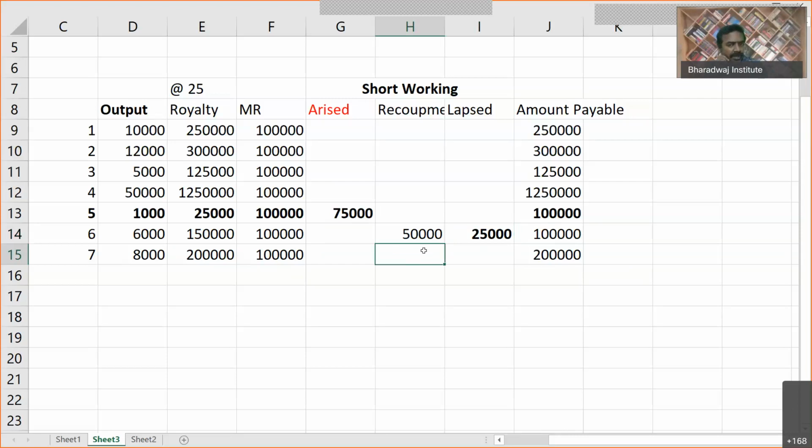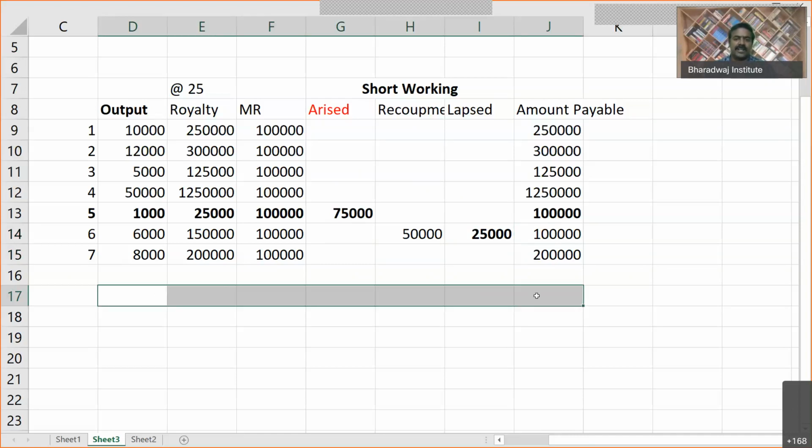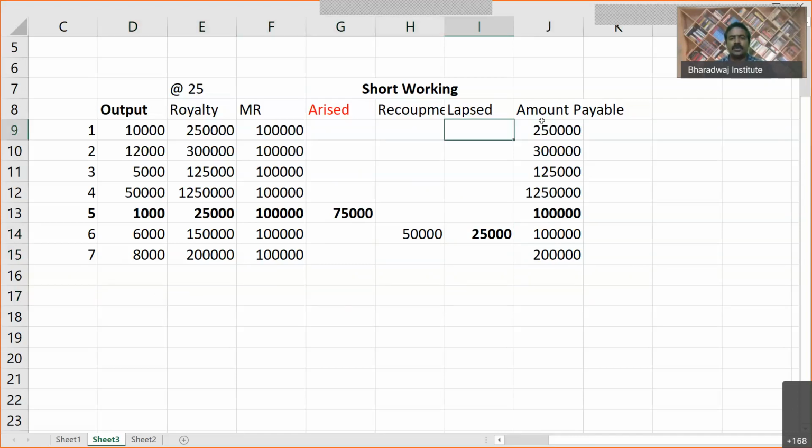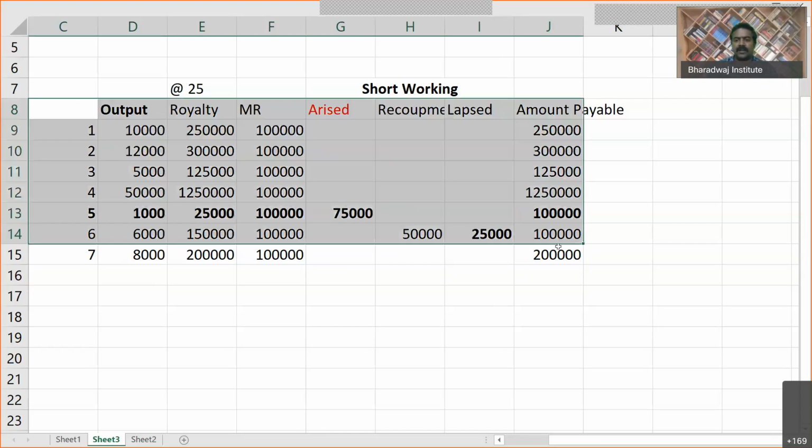Now, in the examination, they cannot test ledger accounts. They can ask you questions about what is the amount payable in the 1st year, in the 3rd year, in the 5th year, or what is the amount of short workings lapsed in the 6th year, or what is the amount recouped in the 5th year. Like that, they can ask you questions. So you have to prepare the table and give the answers.